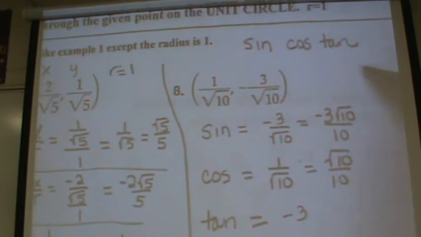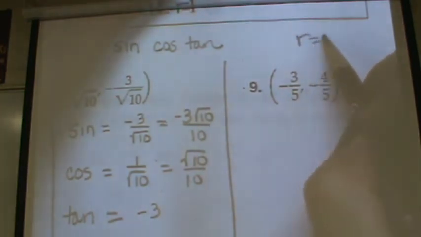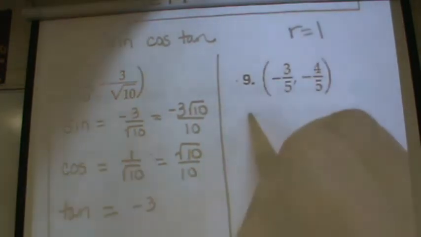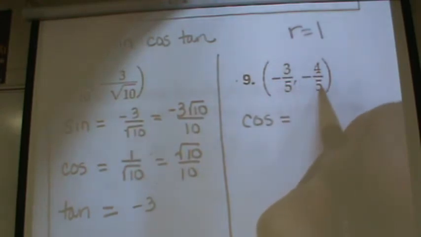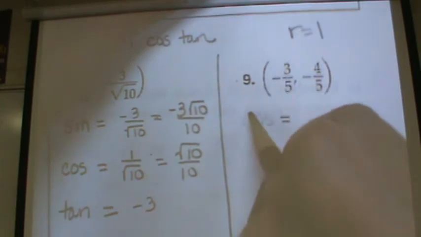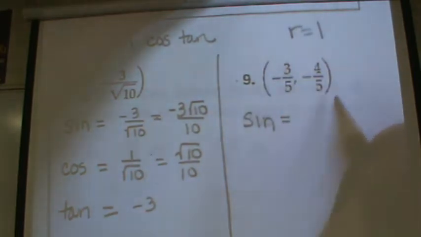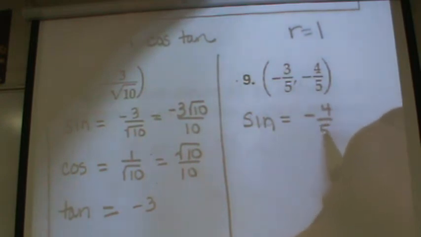And number 9. What did we say r is? 1. So what's cosine? Why did I say cosine first? I wanted to say sine. Sine is y over r. It's just going to be -4/5.